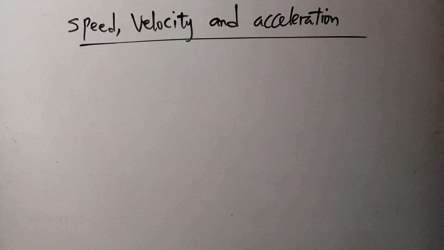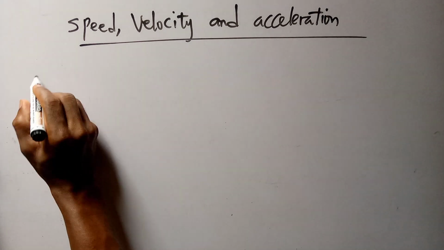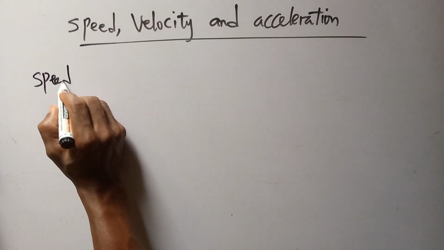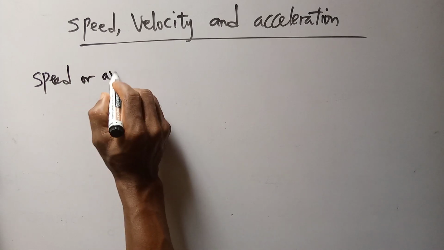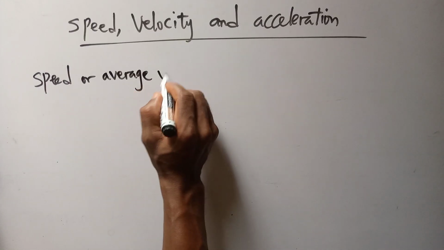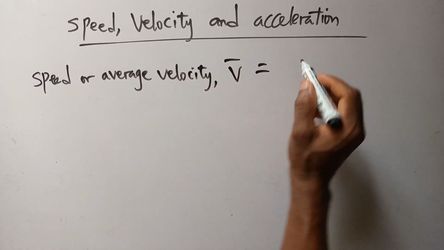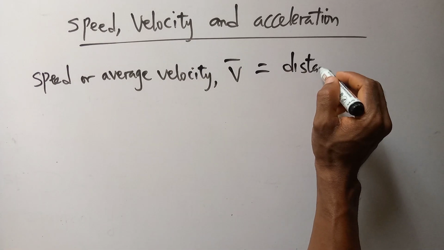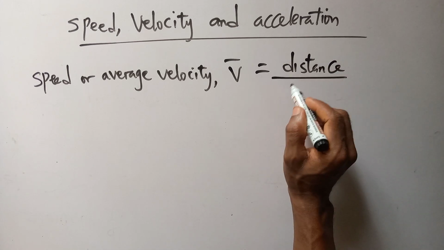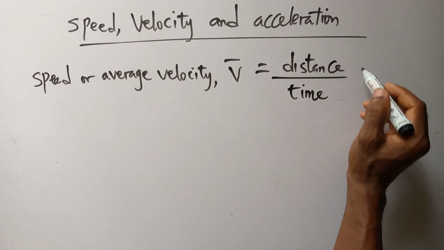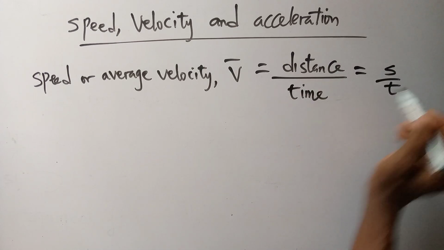Quickly, let's look at the formulas for speed, velocity, and acceleration. Now, our speed, also called average velocity, is given as distance divided by time, s over t.